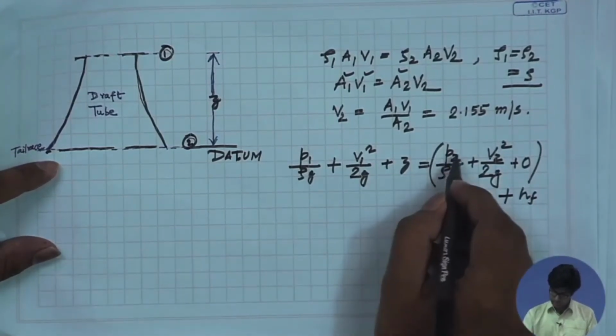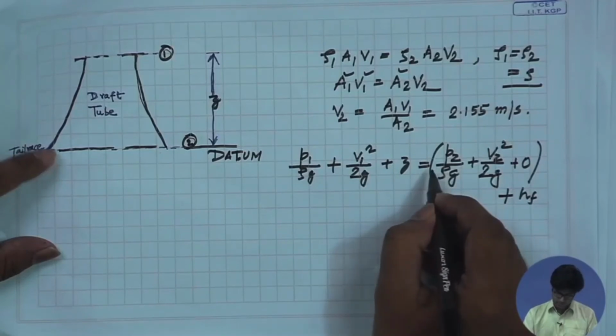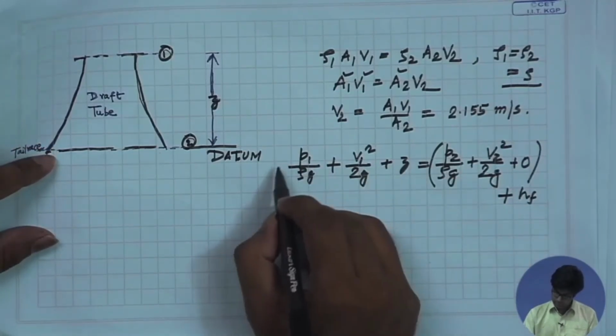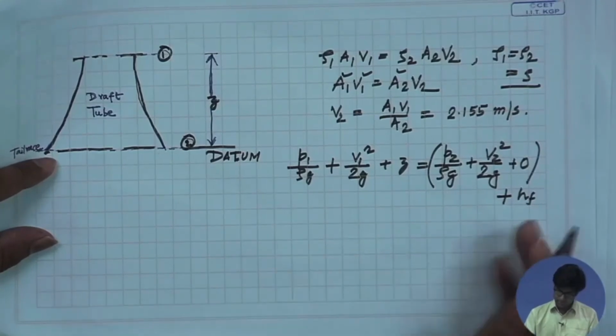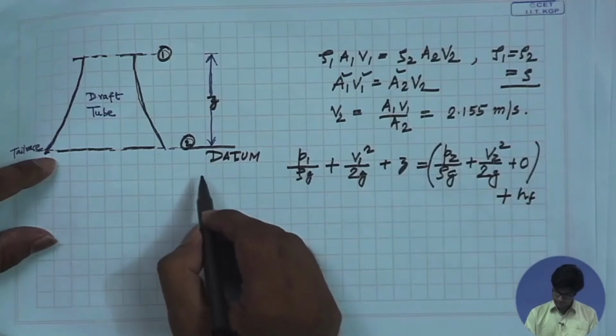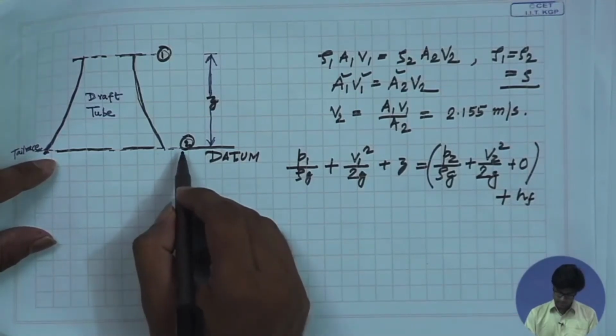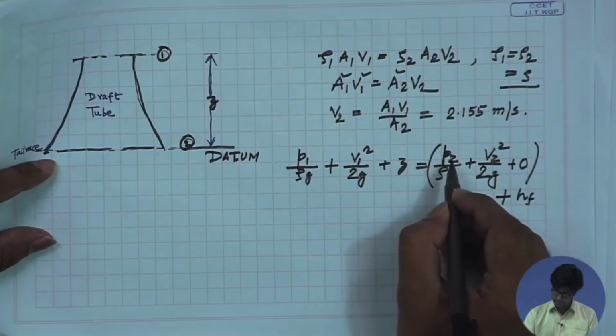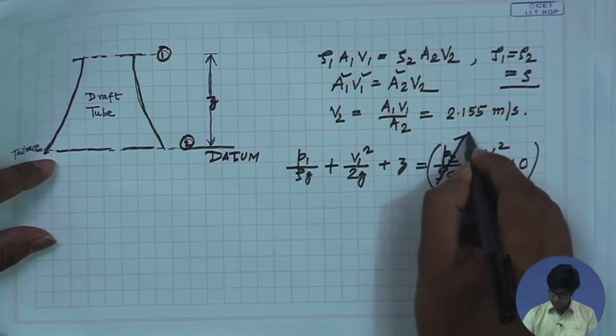We are considering all the pressures in this equation as gauge pressures, that is, the pressure above the atmospheric level. Since section 2 is exposed to the atmosphere, this is nothing but the atmospheric pressure, so we can take this as 0.